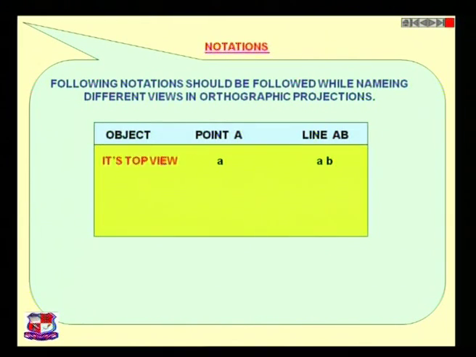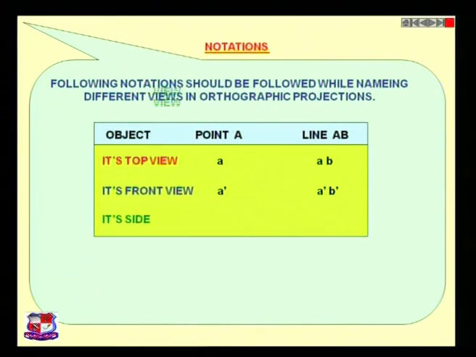If it is top view, then the object is denoted by small a if it is a point, and if it is a line, then it is denoted by small ab. If it is front view, then it is denoted as A dash if it is a point, and A dash B dash if it is a line.